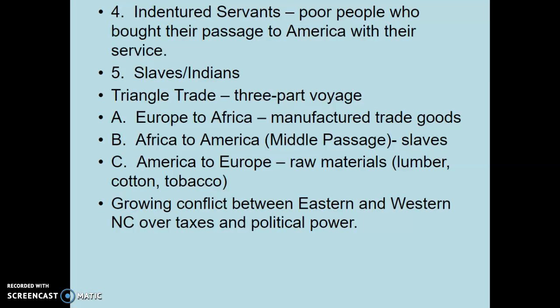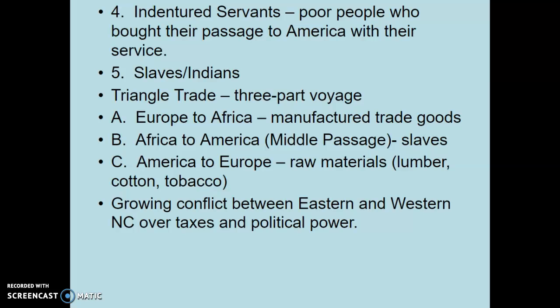Also during this time, just one thing that's of note, we'll talk a little bit more about it in the next unit. There was more conflict between the eastern part of North Carolina and the western part. Like, we were the western part then. The eastern part was starting to develop quite a bit during this time period, especially as we get closer and closer to the American Revolution. And they were living very different lives from what we were living here in the western part of the state.